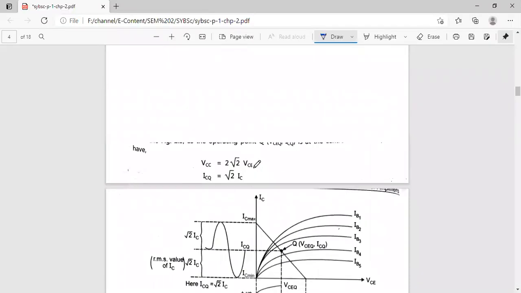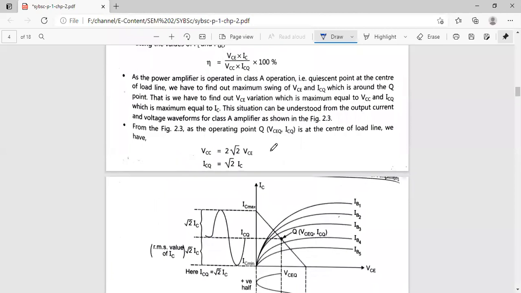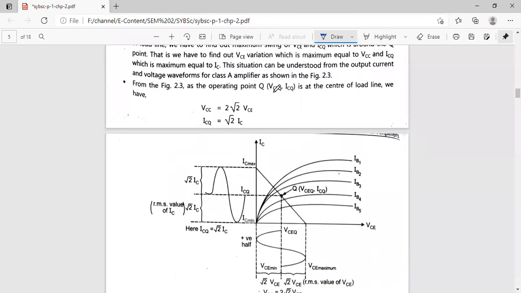So what we have to calculate here, see that from the figure, operating point Q, the location, the points or margins of point Q is VCEQ and ICQ. Correct. So this is your VCEQ point and this is your ICQ point. It is at the center of your load line, and that is why we have VCC, the supply voltage, equal to 2 root 2 VCE.